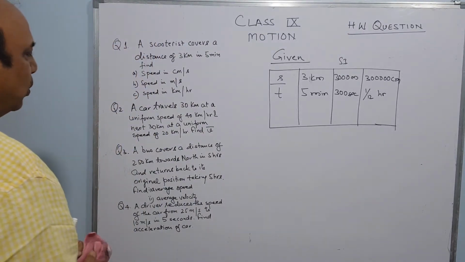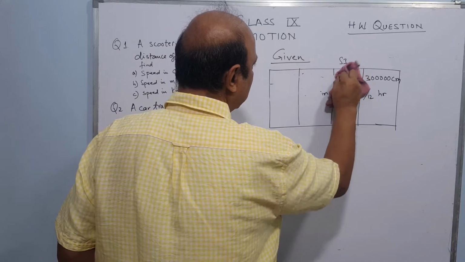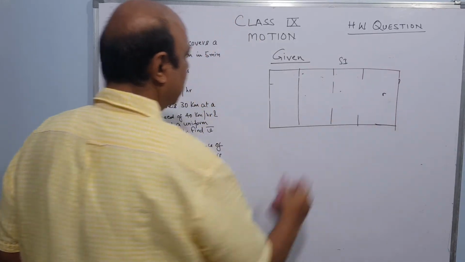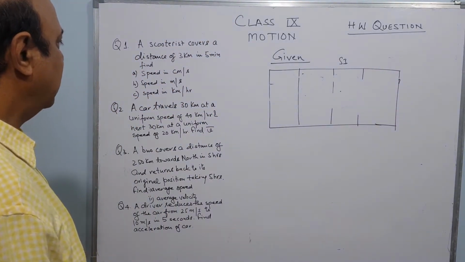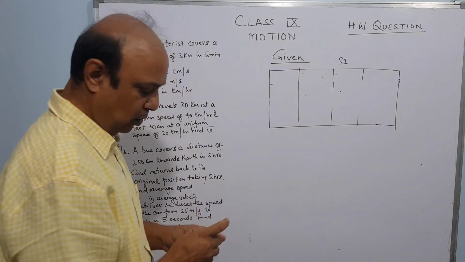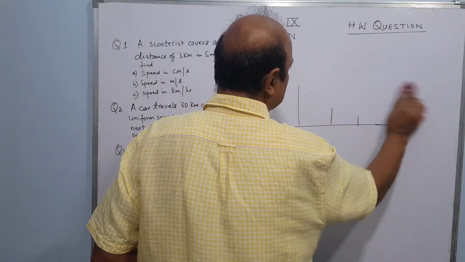Okay. Coming now to the next question, again we'll follow the same rule. We'll write down here: a car travels 30 kilometers. Okay, we'll have to mention it in a different way because the question is a bit different.